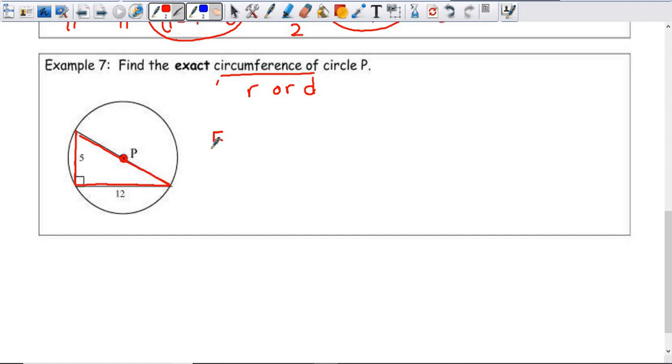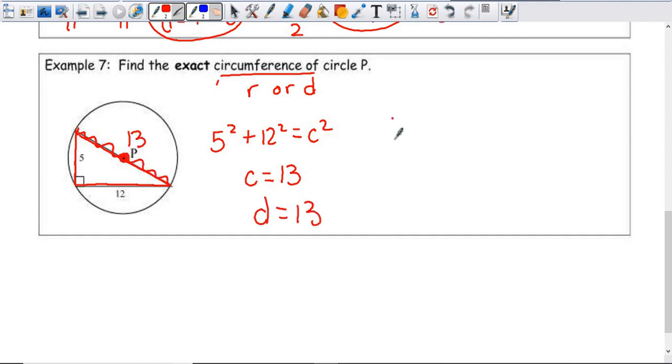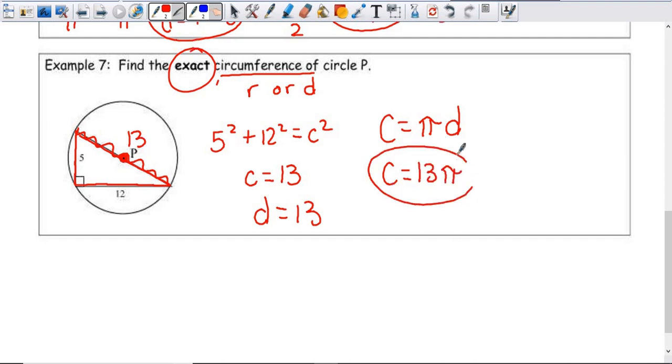So I can do 5 squared plus 12 squared equals c squared though, and solve and get that c is 13. That means this whole side is 13, so my diameter is 13. I should use this formula. It wants an exact answer, so I will just call this 13 pi for my circumference. 40.84 would be the estimate for that, but it wants exact.